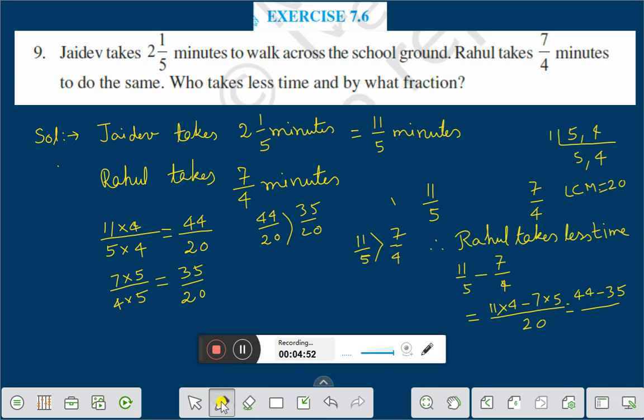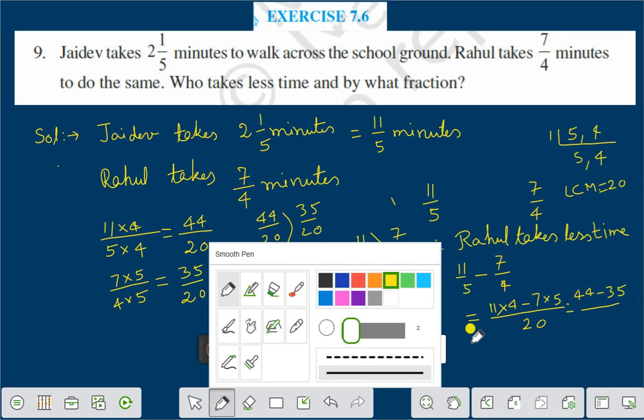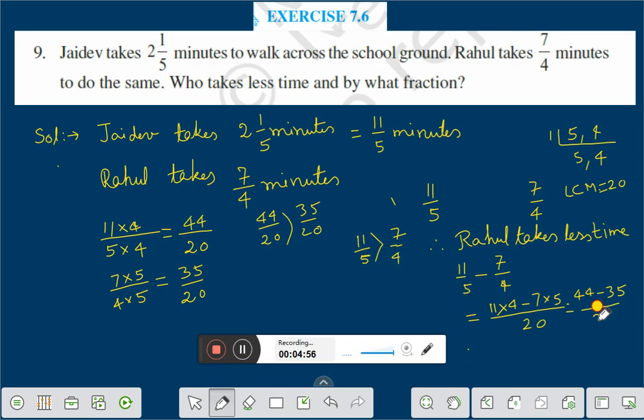Let us write once again. This is 20, 44 minus 35 by 20, that is equal to 9 by 20.